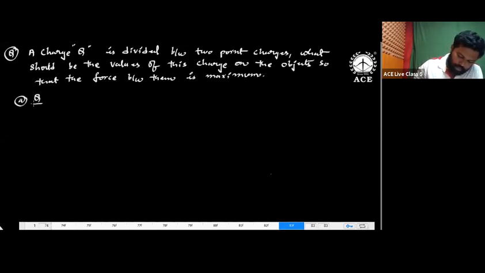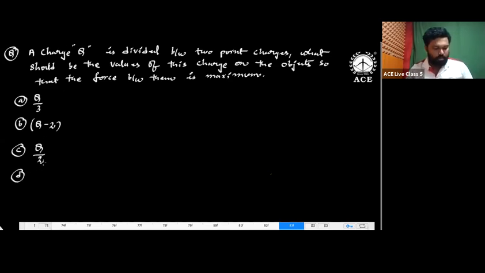Option A, Q by 3. Option B, Q minus 2. Option C, Q by 2. Option D, two Q.